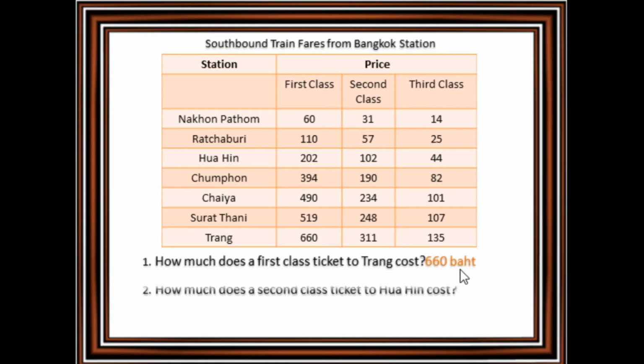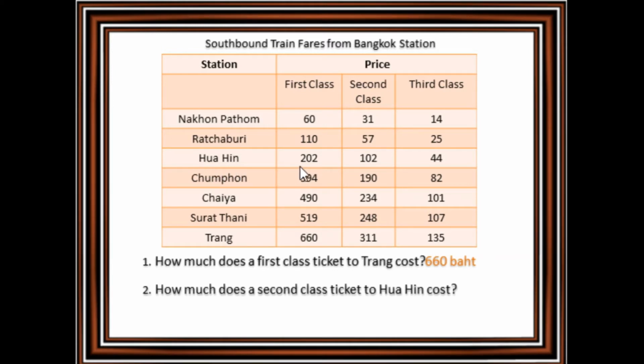baht. Next, how much does a second class ticket to Hua Hin cost? This time we need to find Hua Hin and how much the second class ticket costs. So we have here Nakhon, Ratchaburi, Hua Hin.